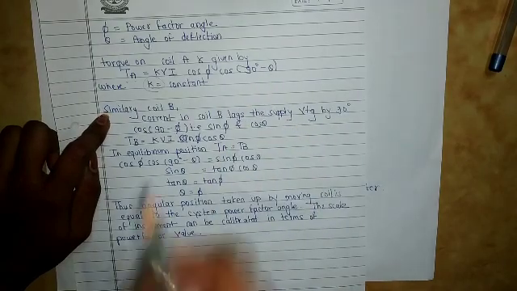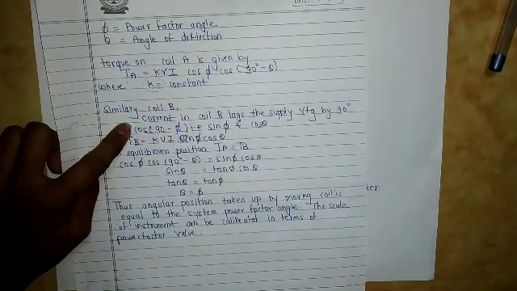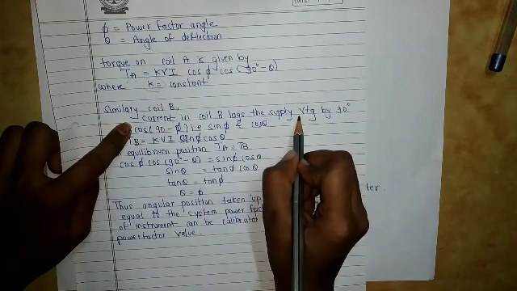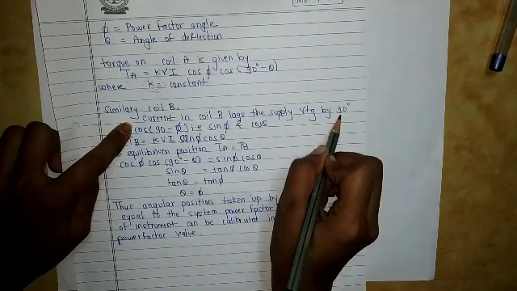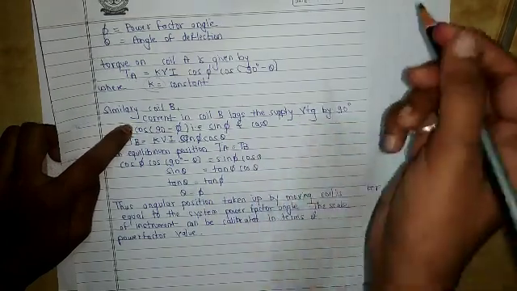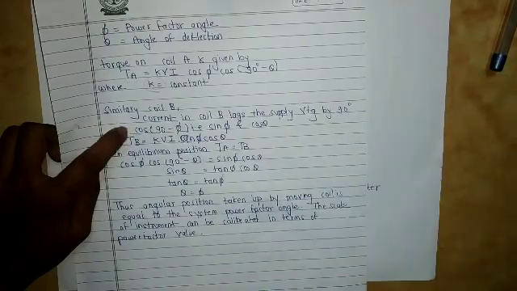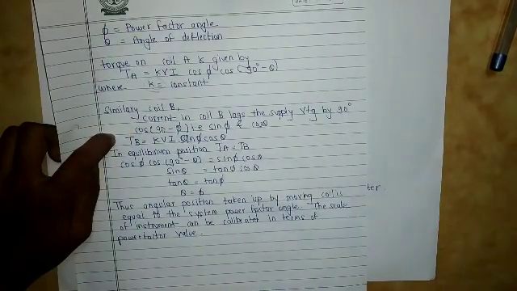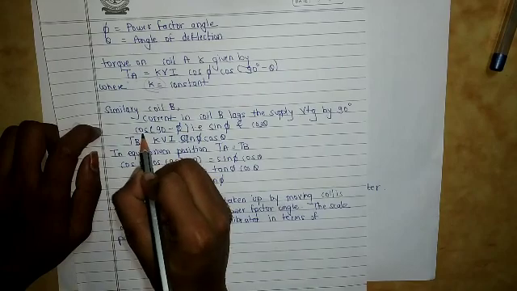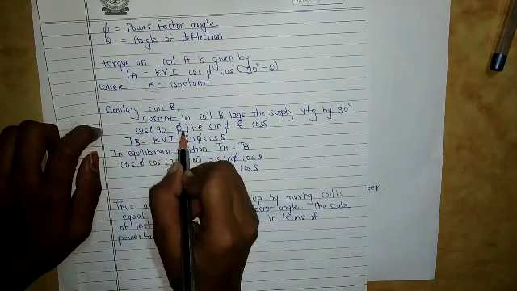Similarly for coil B, the current in coil B lags the voltage by 90 degrees. Why? Because we have placed an inductance in series with coil B. So what will be the changes here? Here cos will be 90 minus phi.